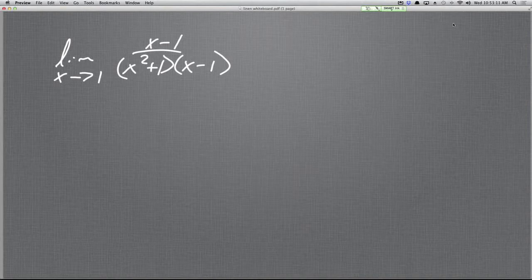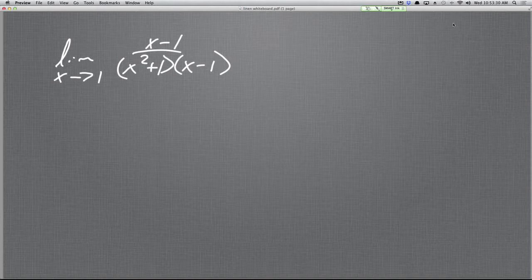Number one rule in finding limits: plug in. What happens when I plug in? You get 0 on top and 0 on the bottom. So what am I dealing with at 1? A hole. It cancels. So what type of limit am I going to have? A number instead of an infinity.